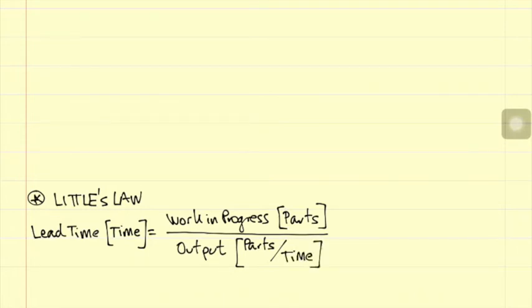So that when you simplify the measures, parts eliminates, and then you get time out. Okay, this is super, super important.